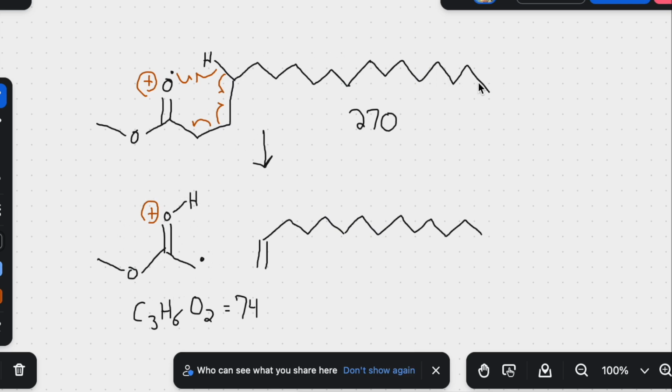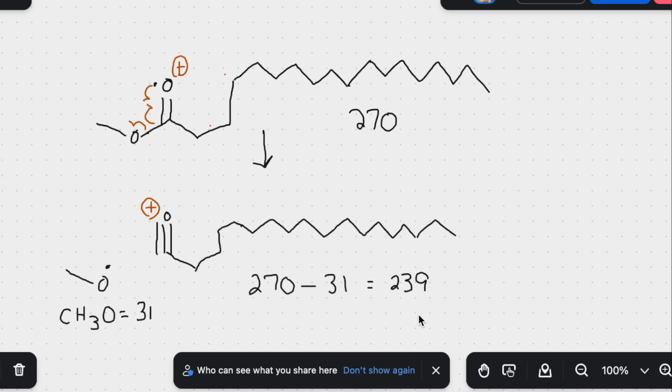So it could have been stearic acid, it could have been oleic acid, it could have been any one of the fatty acids. This piece will change depending on what fatty acid you're using, but this is not the positively charged piece. The positively charged piece that is falling off is this, and this is the same for any of the fatty acids. So we see a large peak at 74 for a lot of these fatty acid methyl esters.